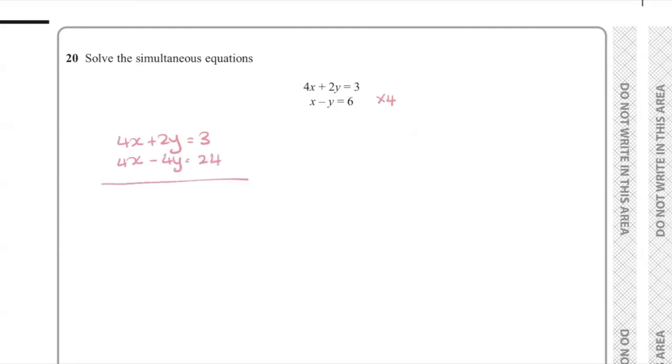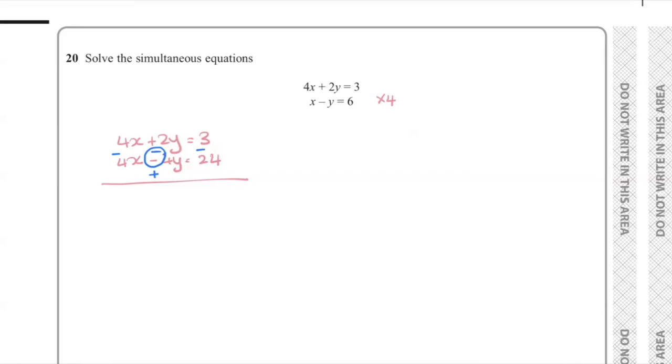And now I'm going to take away the x's, take away the y's, and take away the numbers. Now I can see that 2 negatives here is going to make a positive, and I can also see here I'm going to go into a negative number. So let's do this. 4x take 4x is gone. It's eliminated. That's what we want.